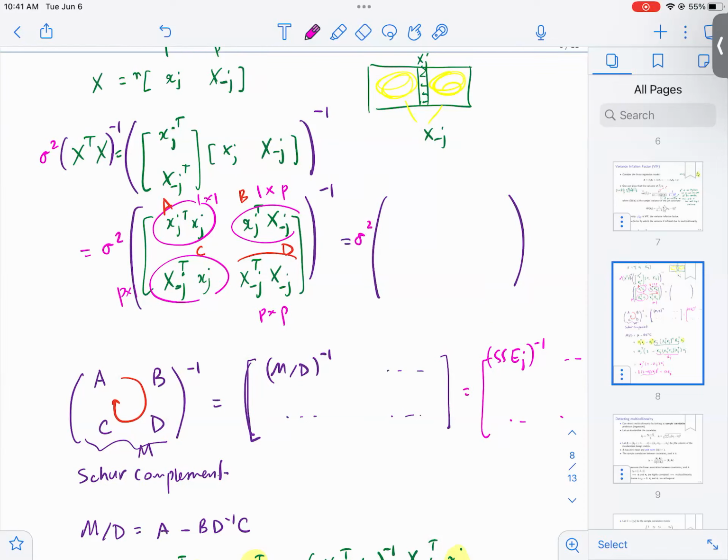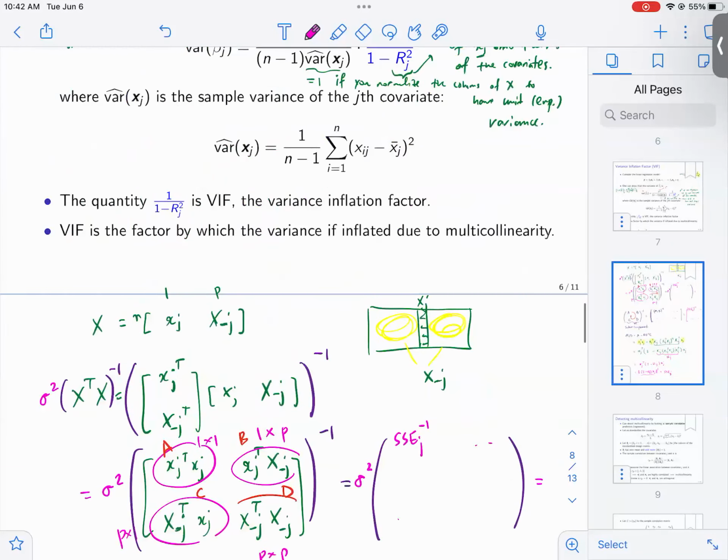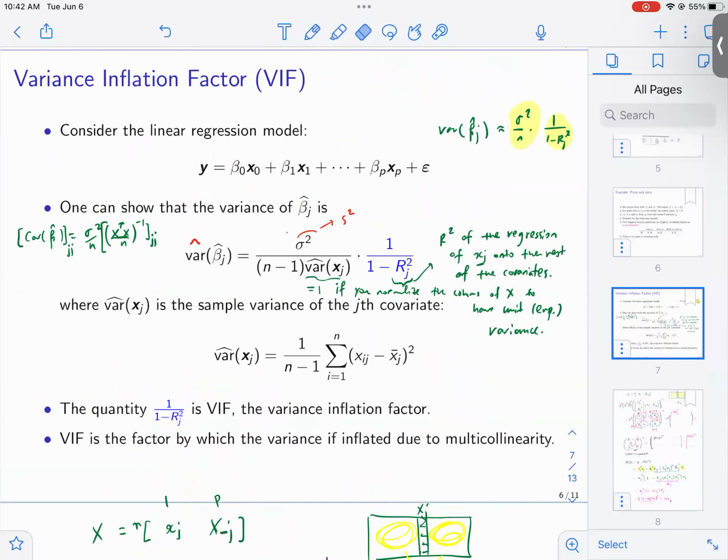I have a sigma squared here, and then this SSEJ inverse. Okay. So really, at the end of the day, this quantity that I want is going to be sigma squared divided by the inverse of it. It's basically sigma squared divided by SSEJ.